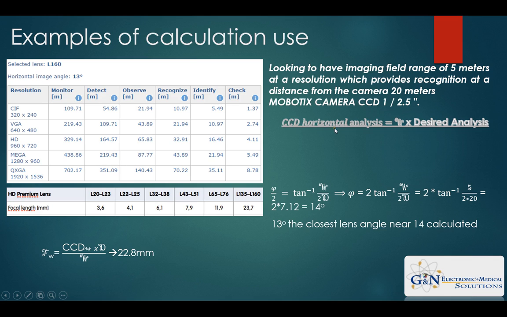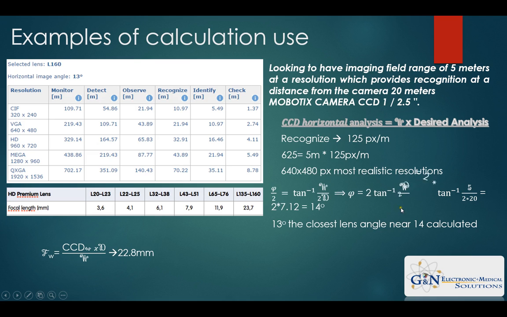So we know that the horizontal analysis should be the width of the field by the desired analysis, and we know from the matrices that in order to have recognition we need 125 pixels per meter. So the math says that we need almost 625 pixels, and the closest analysis is 640 by 480 pixels. It's the only analysis that we have. We don't have 625, of course. Then we go to 960.